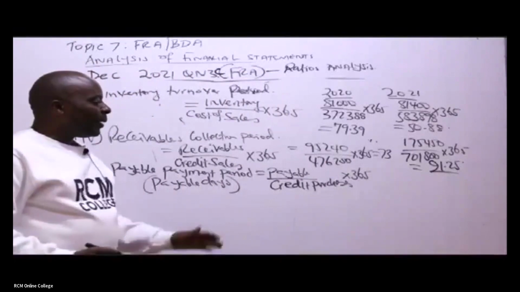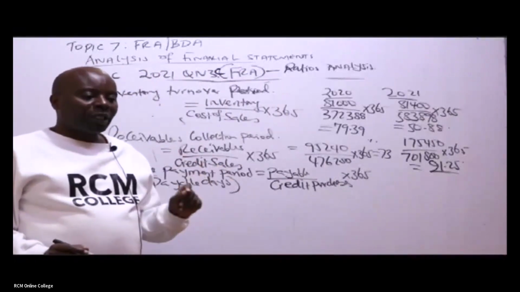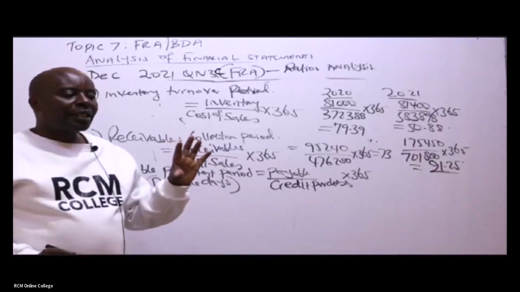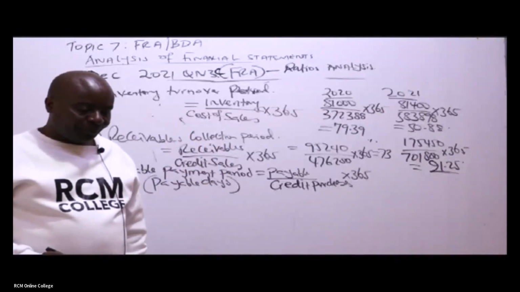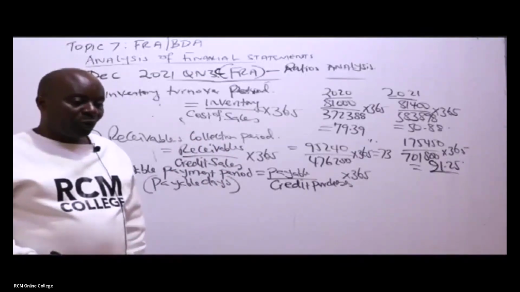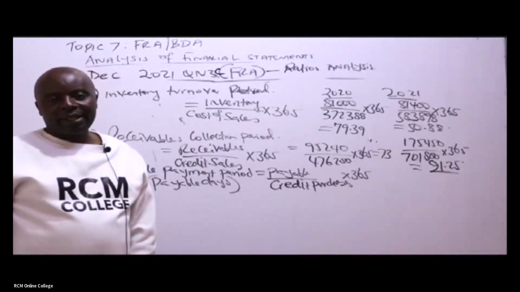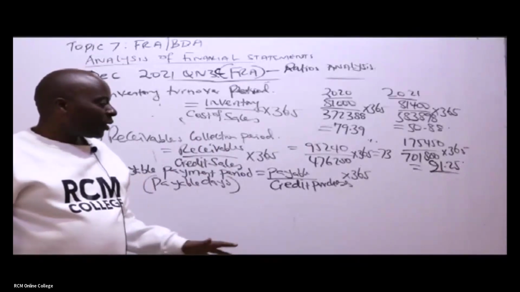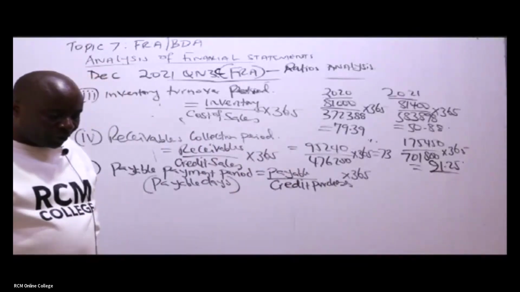And whenever purchases is not given and you can't figure it out, you shall always assume that it is the cost of sales. You go to a questionnaire, they don't tell you how much the purchases was, then use the cost of sales.